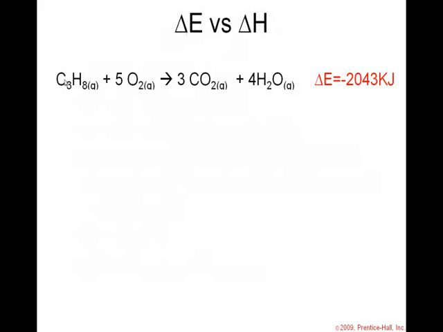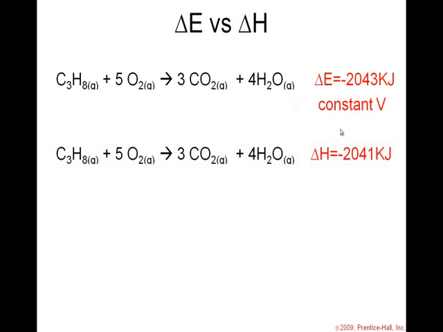So let's talk about what's the difference between energy and enthalpy. I'm just going to give you one example, but most reactions are this way. Here we have a reaction where we have propane combusting, and we have a delta E, it's very exothermic, of negative 2,000 kilojoules. And this is when it's done at constant volume.